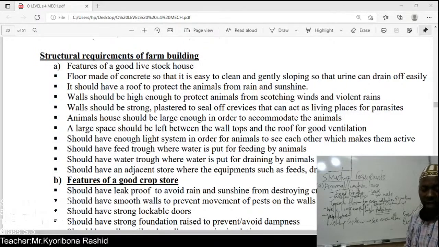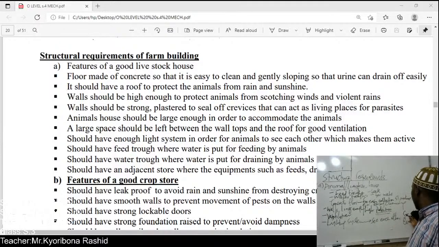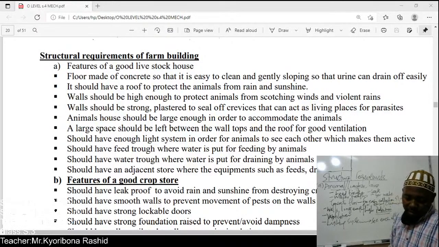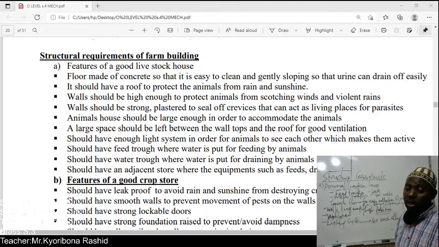If they are kept without, they could have effects on ovulation. They could not ovulate well. It is just that today some drugs can be taken, maybe through injection, to correct that, so that you have sows stay alone.